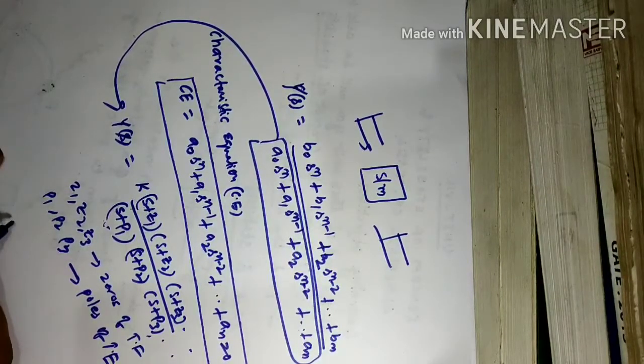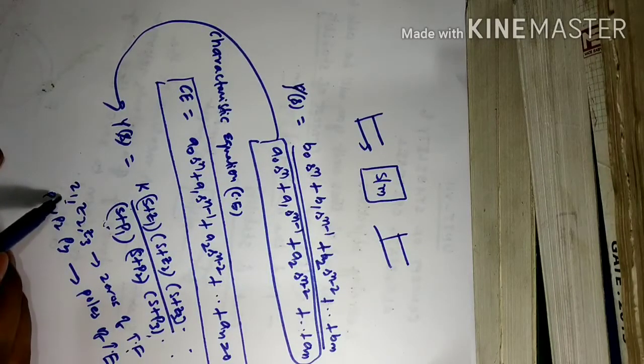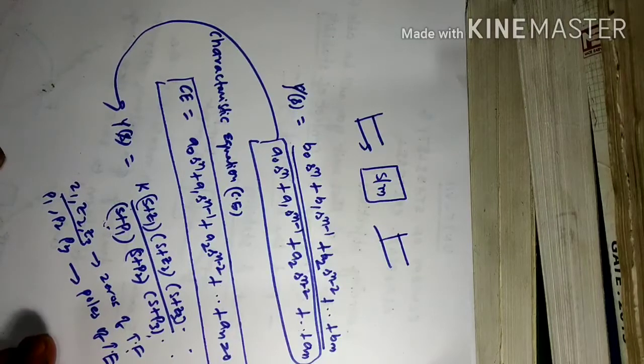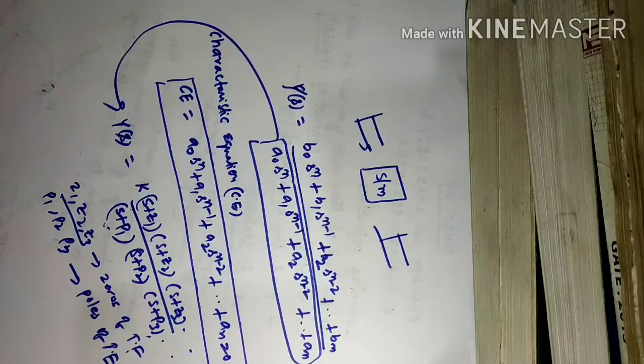K is system gain. Zeros of the transfer function change the magnitude of the response and will not change the character of the response.